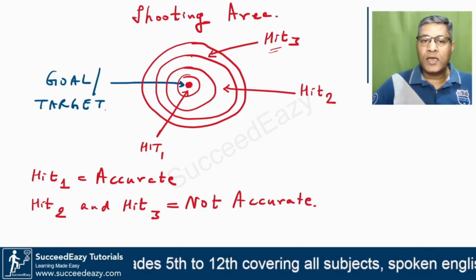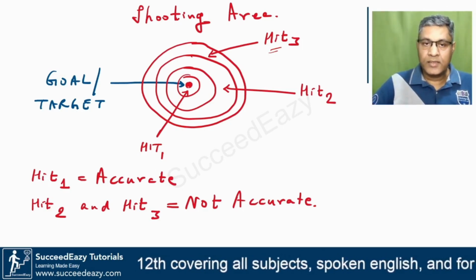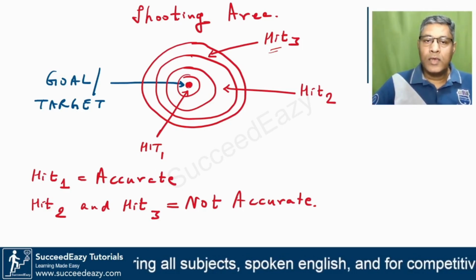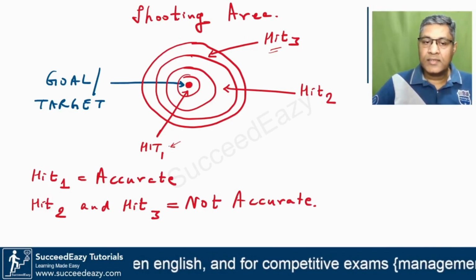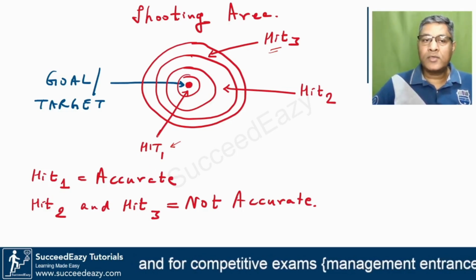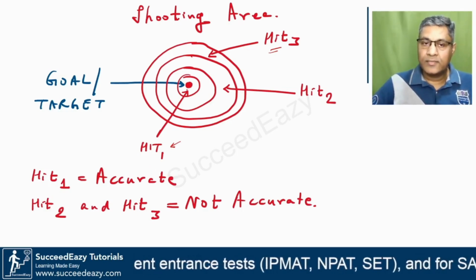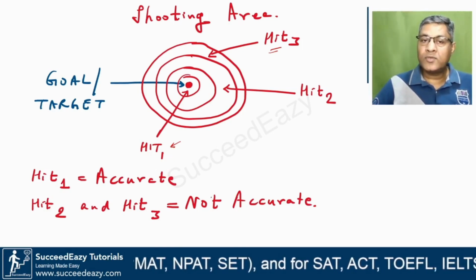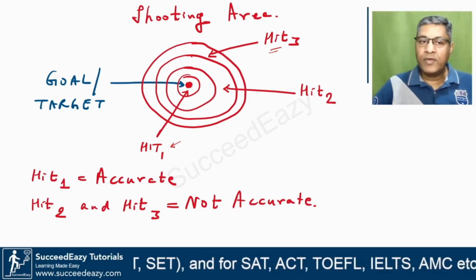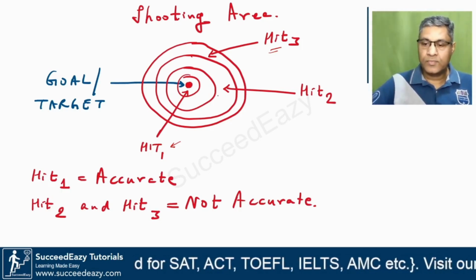Now, the goal of the target always is to hit the bullseye, isn't it? So, in this case, my hit 1 is accurate. Why? Because it hit the bullseye. That's why it is accurate. But hit 2 and hit 3 are not accurate because they are away from the goal or the target, right?